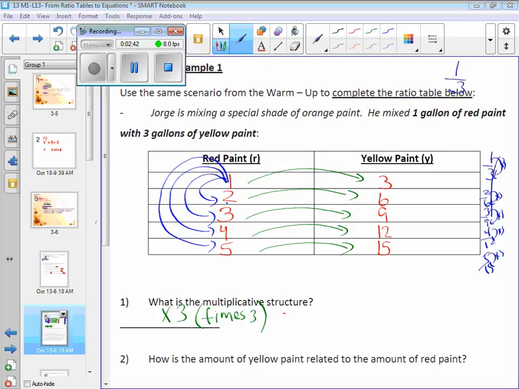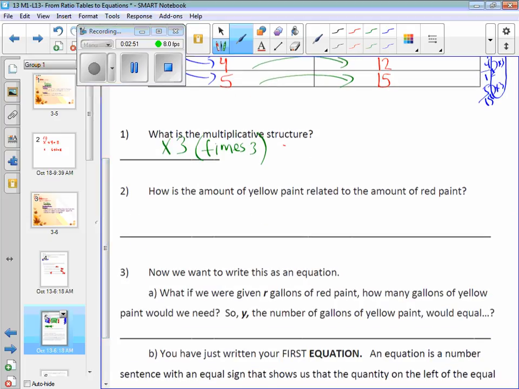That multiplicative structure never changes. Okay, so putting that into words, the amount of yellow paint on the right-hand side is 3 times more than the amount of red paint.